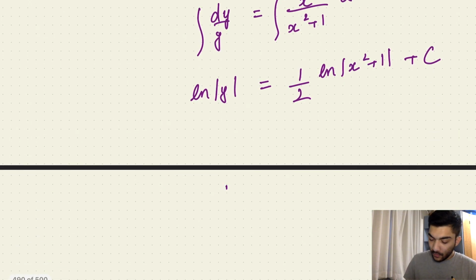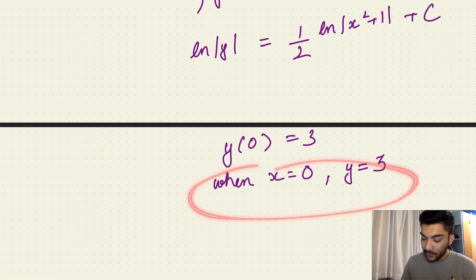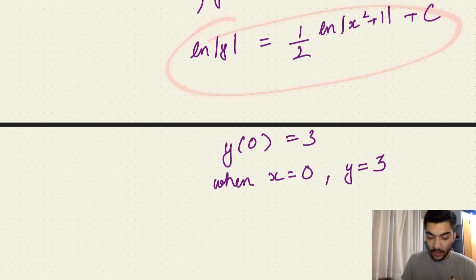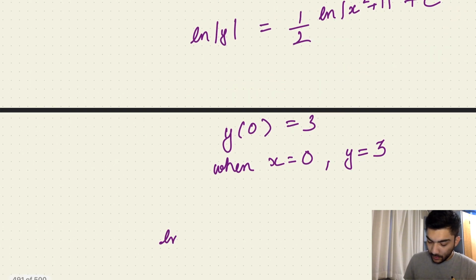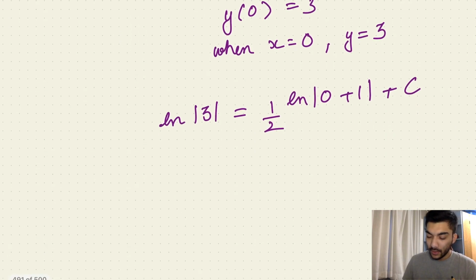We know that y of 0 is basically 3, which means that when our x is equal to 0, our y value is equal to 3, right? So now if we substitute the values of x and y in this equation, we will get ln absolute value of 3 equals 1 half of ln absolute value of 0 plus 1 plus the constant of integration, right?